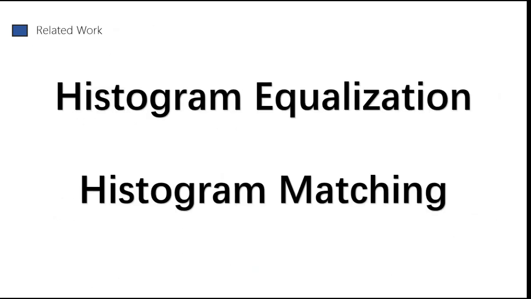Here are related works. There are 2 main categories in image enhancement: histogram equalization, HE, and histogram matching, HM.